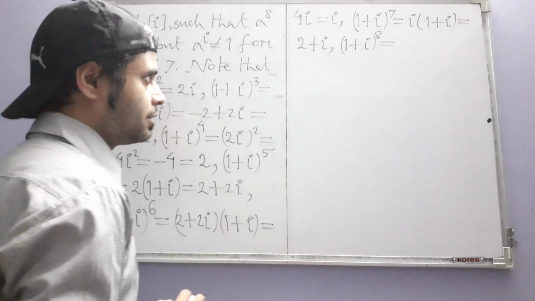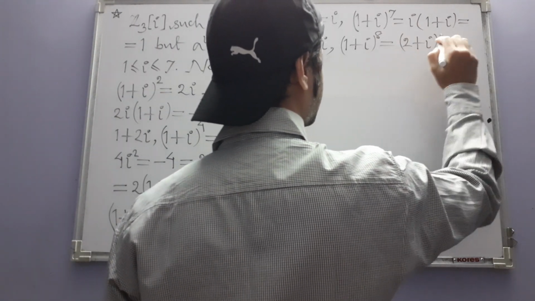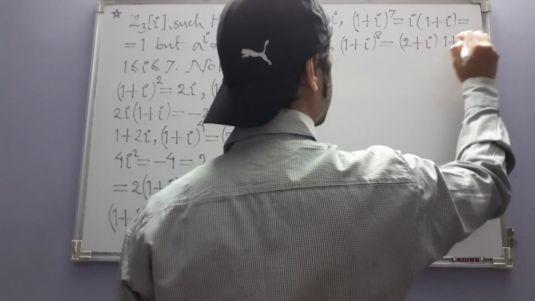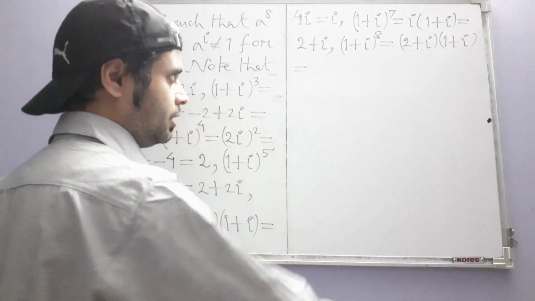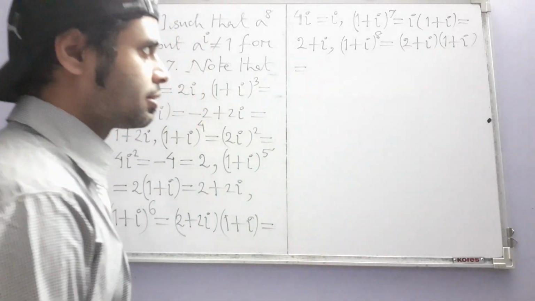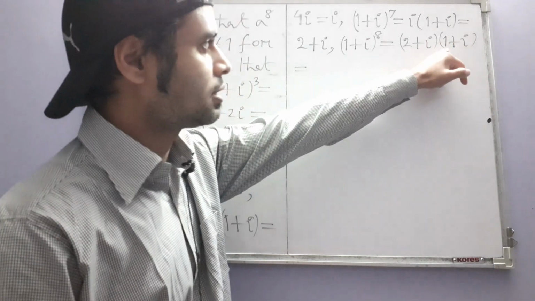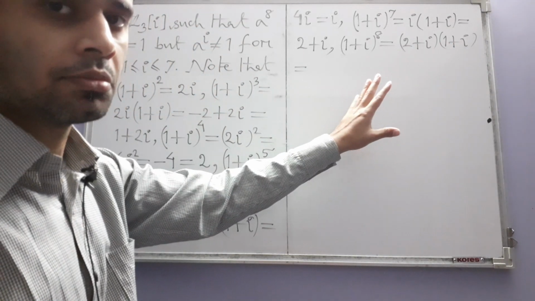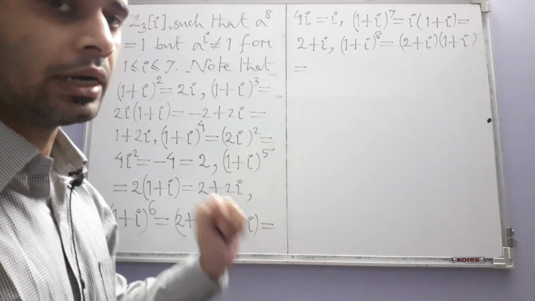The eighth power is the seventh power times 1 plus I. Now here, if we first look at the terms that will have I, 2I plus I means 3I, but in Z3, 3 is equal to 0, so I terms will vanish.